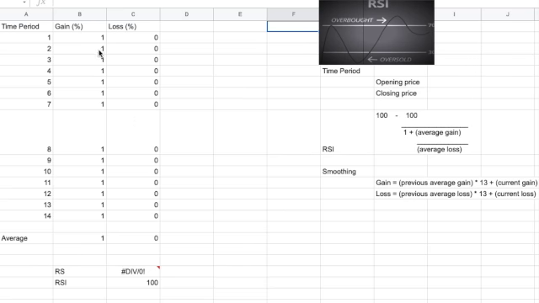So let's look at this. Let's say over 14 time periods you had gains throughout and you had no losses, and the amount of gain we're keeping as a very simple 1. So if you have this, your RSI turns out to be 100.